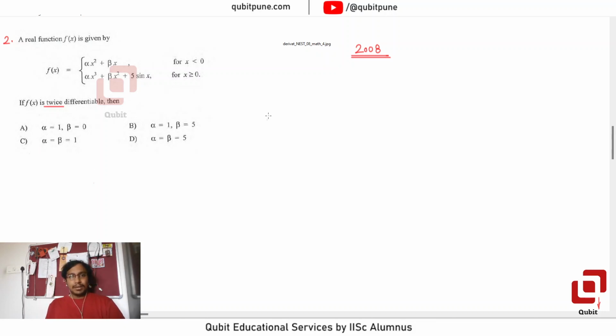Now look, these functions that you see, what are these? These are polynomials, and the second function has sin x there, but all of them are continuous and differentiable everywhere. Correct?